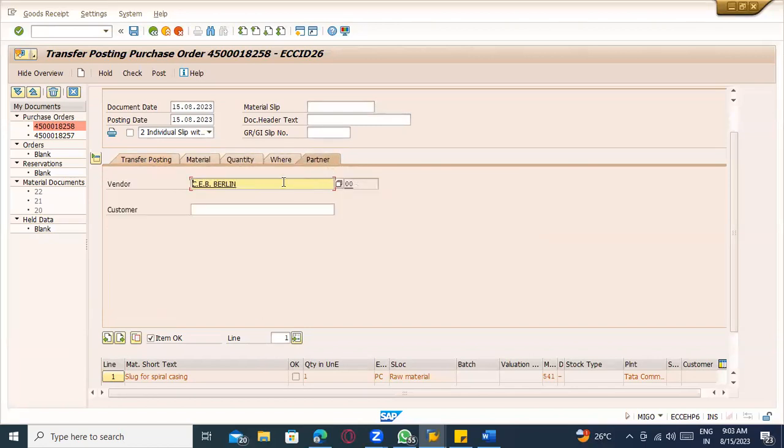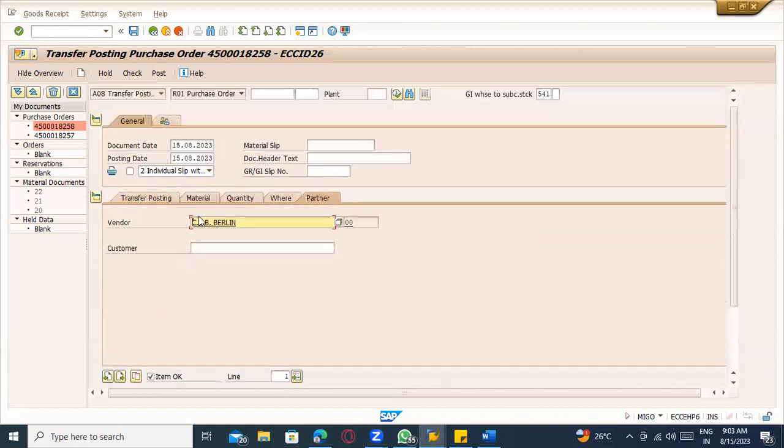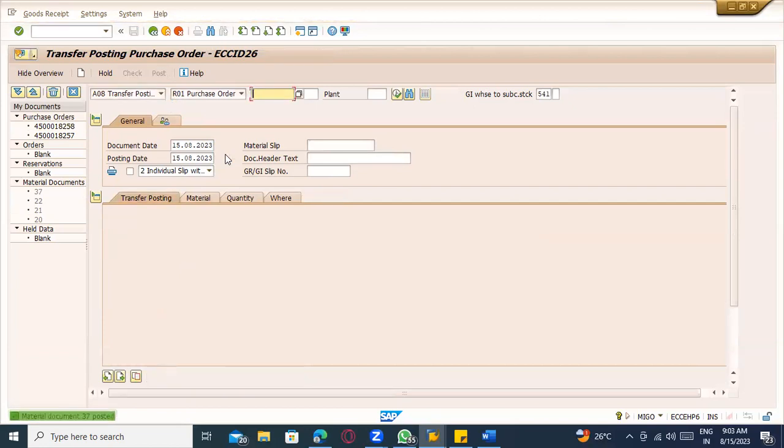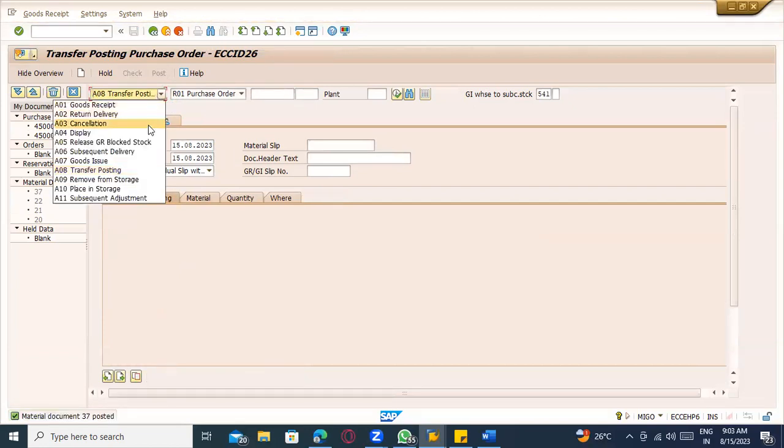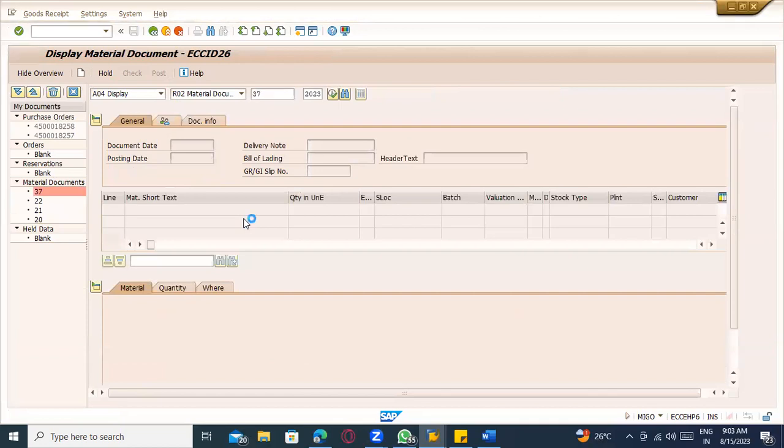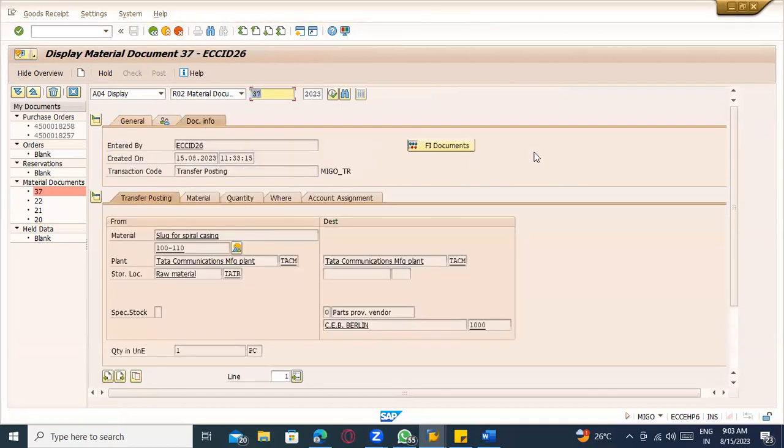Then I'm sending these materials to the subcontractor to produce the final product. So check and post. The document was posted. If I go to document flow, I can see that there is no subsequent document found.